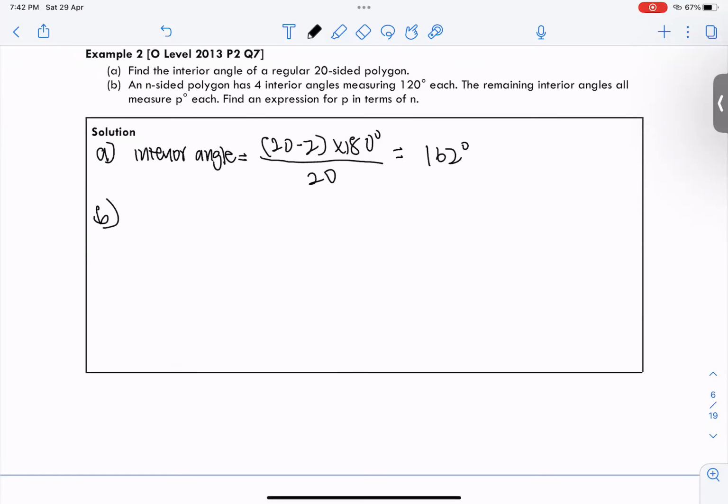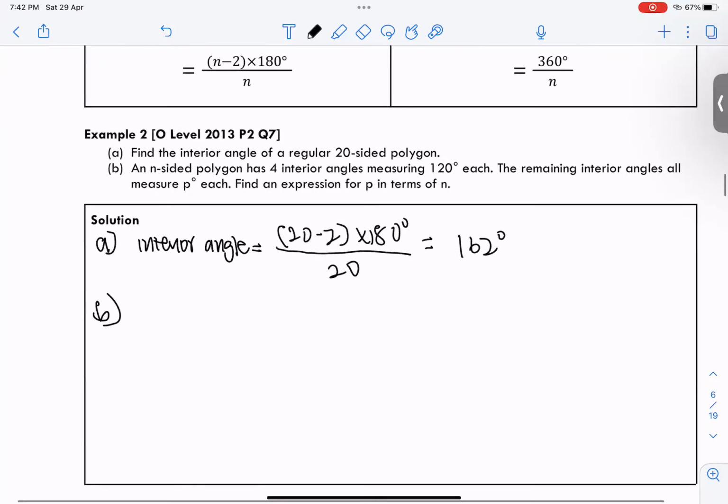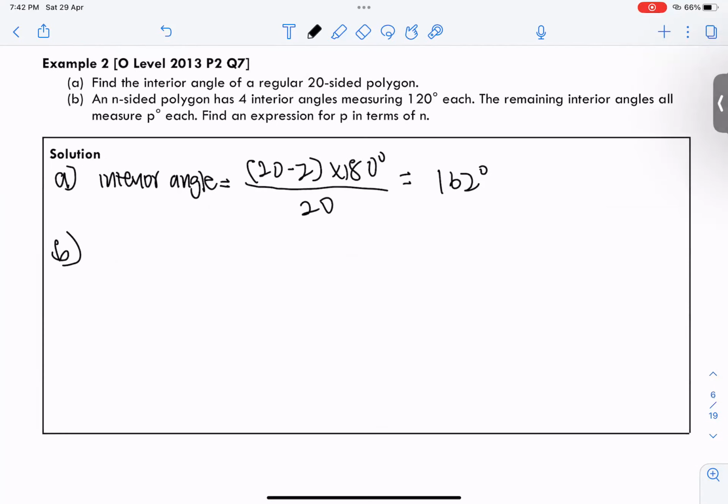And then part B. This one is a little bit harder. You need to get your algebra right. You have to know how to do algebra. So an n-sided polygon has 4 interior angles that, they tell you, 4 of them out of n are 120 degrees. Then all remaining interior angles each measure p.